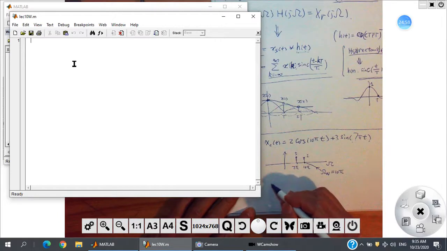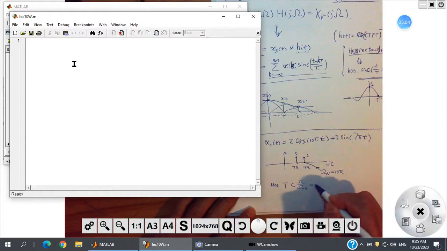So use a sample step T smaller than pi over omega n. That will be 0.1, so we can choose T smaller than 0.1. For example, I can use T equals 0.08. You can also use 0.09 or 0.05, whatever is smaller than 0.1. I use this as the step to take samples. Okay, xn will be xc of nT.